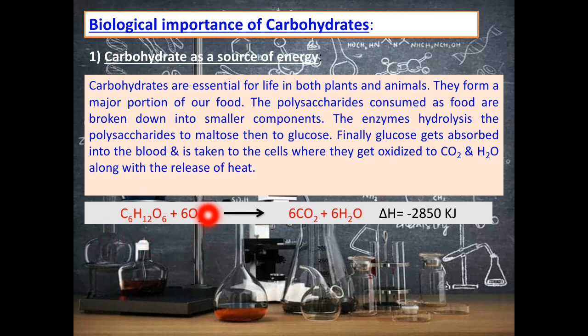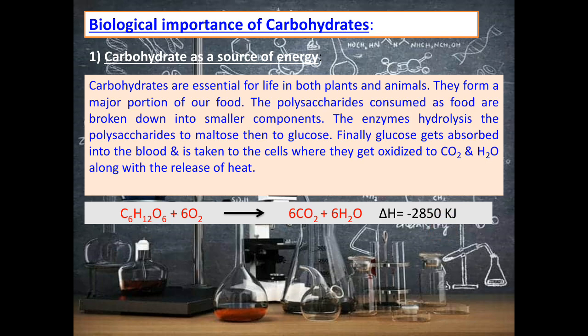C6H12O6, glucose, in the presence of oxygen undergoes oxidation to produce 6CO2 and 6H2O, carbon dioxide and water, along with the release of this much energy. Delta H, change in enthalpy, is equal to minus 2850 kilojoules per mole. That means oxidation of 1 mole of glucose produces 2850 kilojoules per mole of energy.